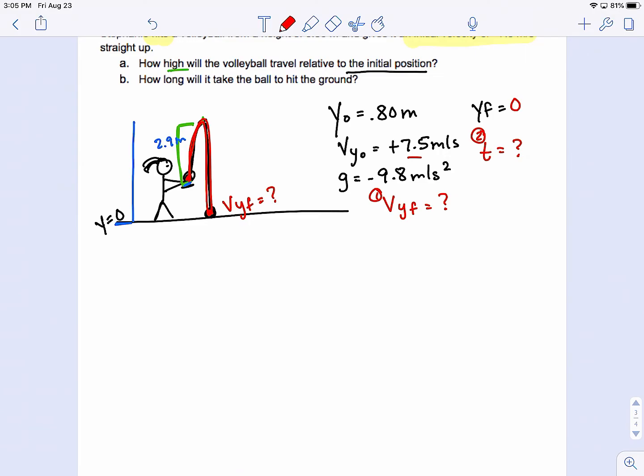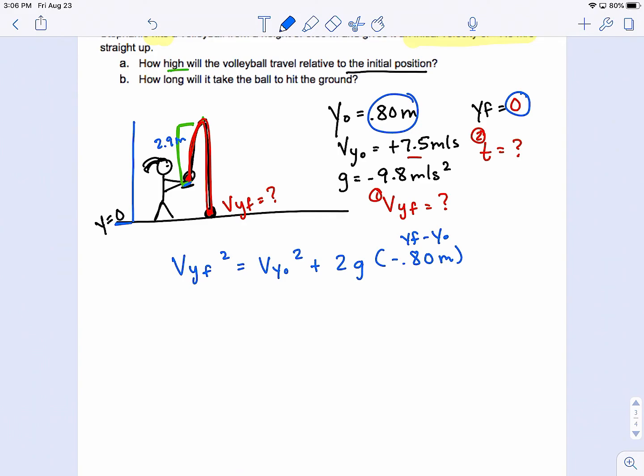So if I first find the final vertical velocity, we don't know time, so I'm going to use the same equation. Vyf squared equals Vy naught squared plus 2G, and this would be delta y, which would be negative 0.80 meters, because this is y final minus y initial. So that would be 0 minus 0.8.